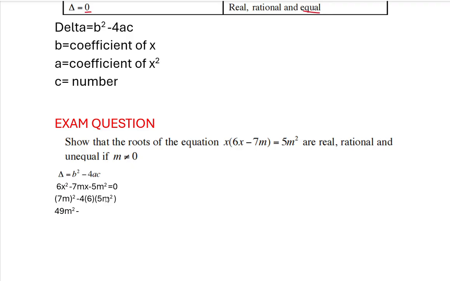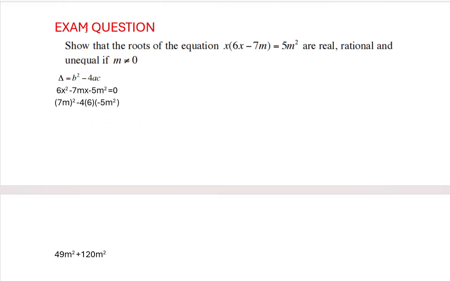Sorry, I forgot to put the sign of c here. So c is negative 5m squared. Sorry, I forgot to put the sign. So I'll just say negative 4 times 6 times negative 5 is equal to positive 120, then m squared.